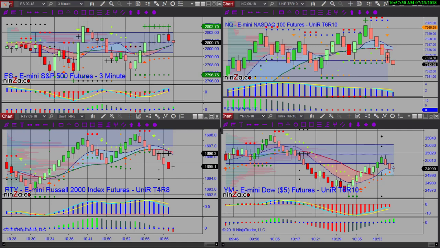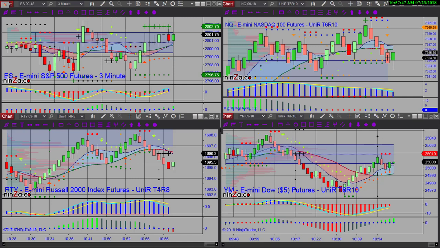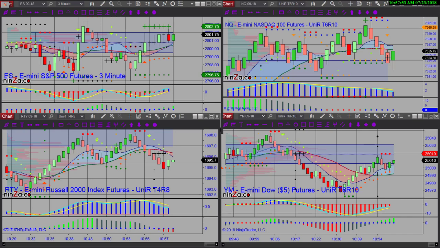The target on the Russell will only be down 93, so we're talking 20 ticks or so. Not all that impressive, really. Looks like the S&P is trying to rally a bit.